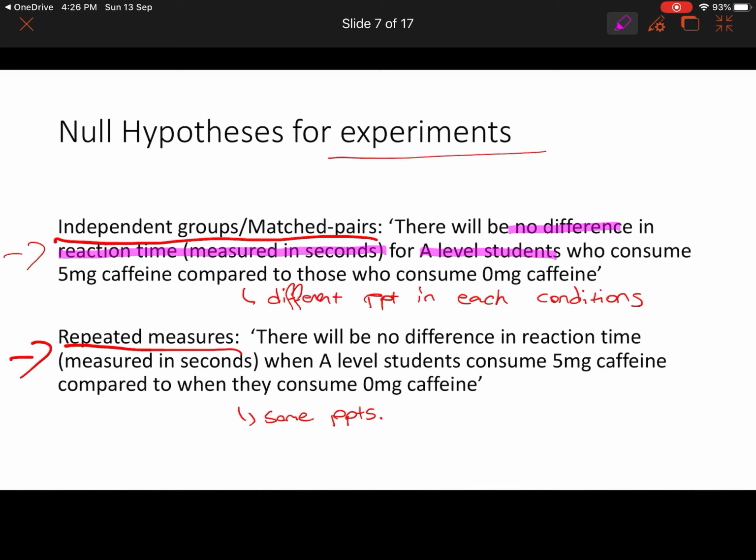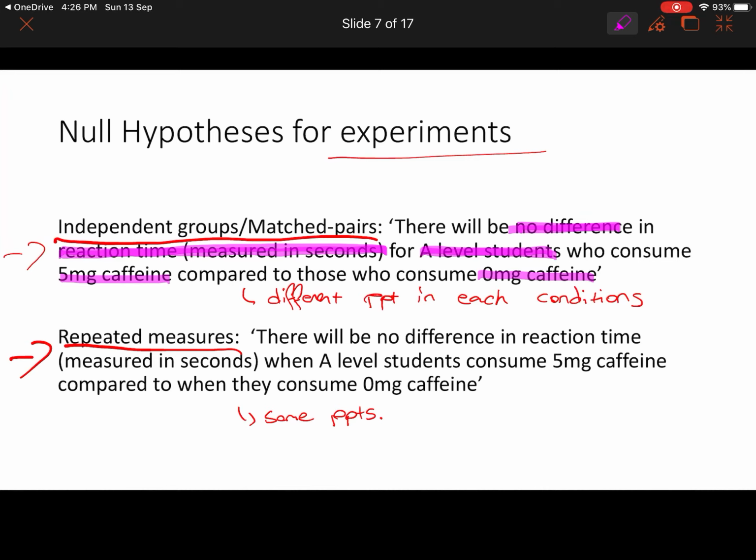We've got our population. Notice here that we don't include the number of participants. We just include the population from which our participants were drawn. Never include numbers of participants. So we've got no difference, our null hypothesis, our reaction time, our dependent variable, our population, and then we've got our levels of the IV: 5 milligrams of caffeine and 0 milligrams of caffeine.